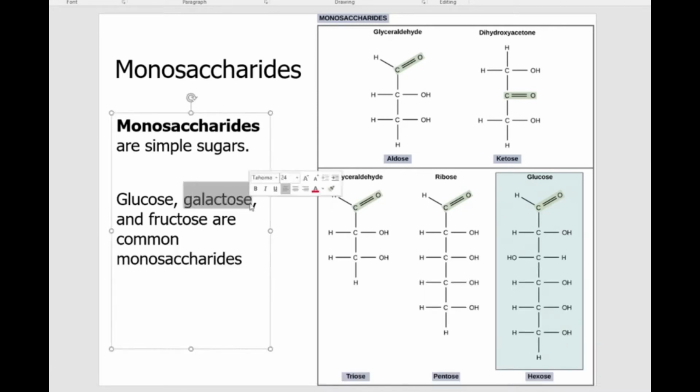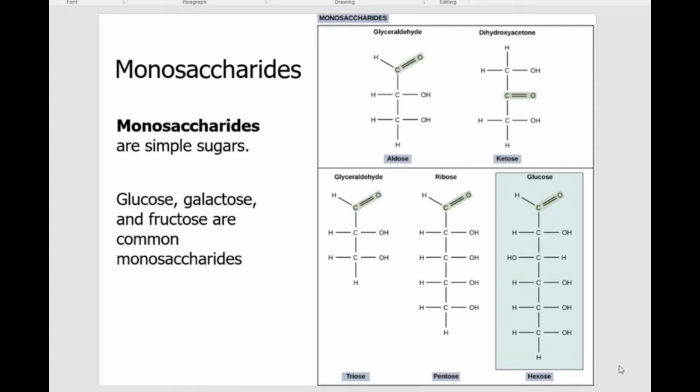Another monosaccharide is called galactose. Galactose can be found in milk. I'm going to show you the milk sugar, which contains galactose. So that's also one monosaccharide. I don't have the structure for galactose here, but you can look at this. This is glucose. You can see how many carbons? 1, 2, 3, 4, 5, 6.